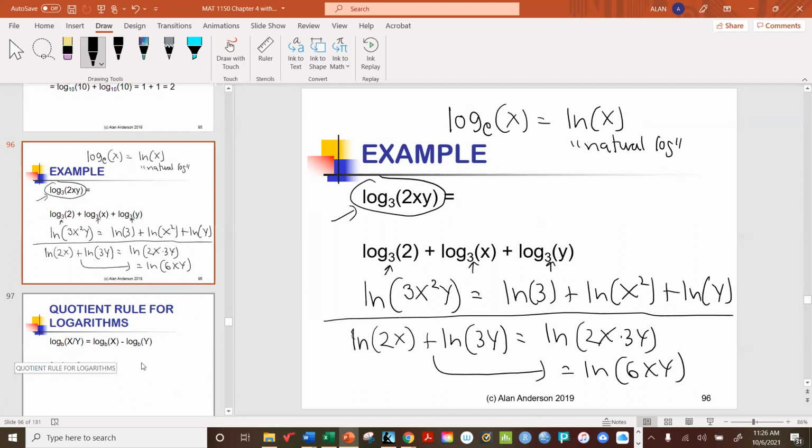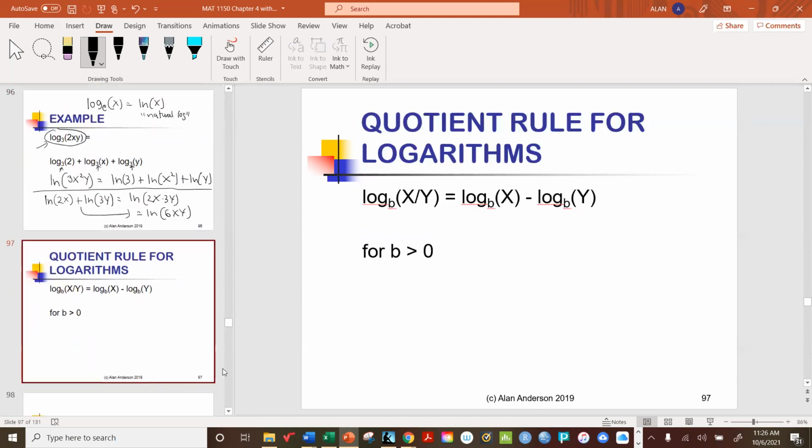All right, let's see this. Okay, so in other words, here I've got log base b, all the same base. X over y becomes a difference.